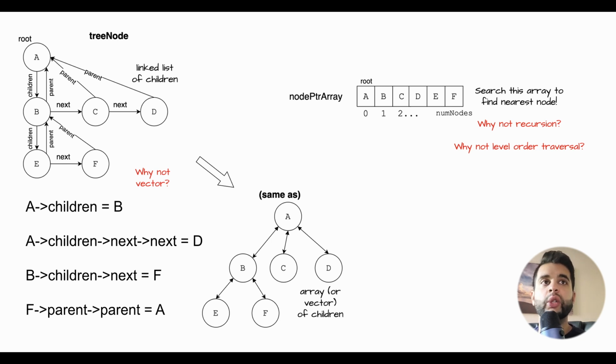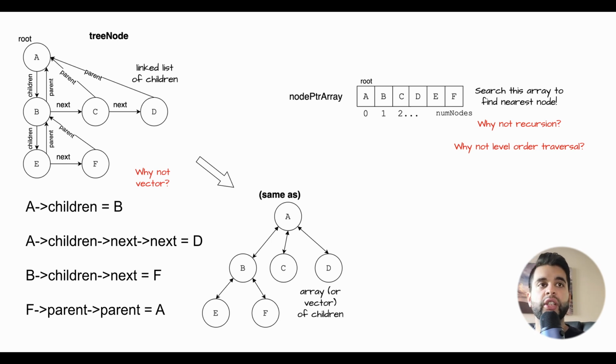If I want to find node F, it'll be A.children.children.next. If I want to backtrack from F to B to A, it'll be F.parent.parent. So you see how the pointers will take you to the next location and you will be able to connect each node to its parent and to its children like that.